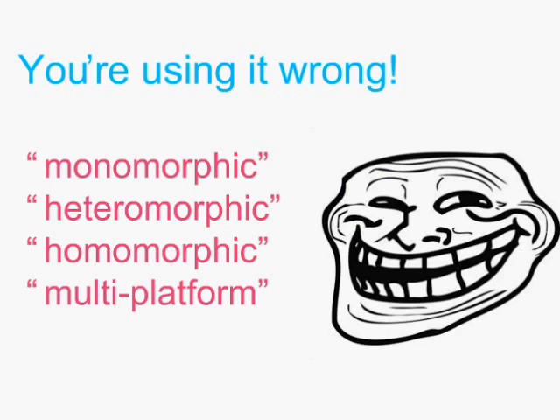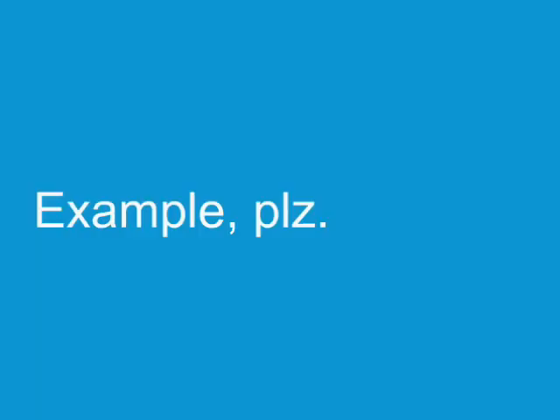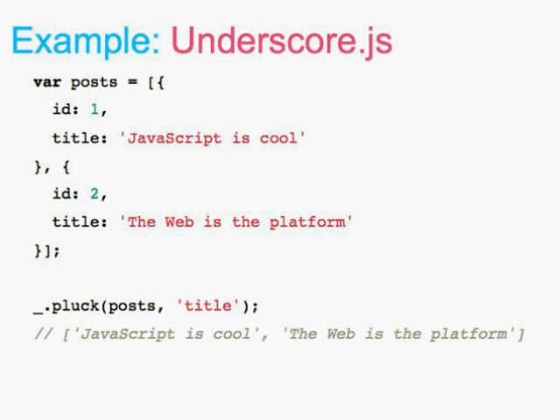Okay, so a brief example, just to demonstrate. Underscore.js is a really popular JavaScript library that was written by Jeremy Ashkenas, the guy who wrote Backbone. And here's just a really simple example. Underscore is a piece of JavaScript that can be run isomorphically, meaning it can run on the client and on the server. Here's a simple example that shows there's an array of objects we can call posts, and we're using the _.pluck function to pull out all the title attributes to an array.